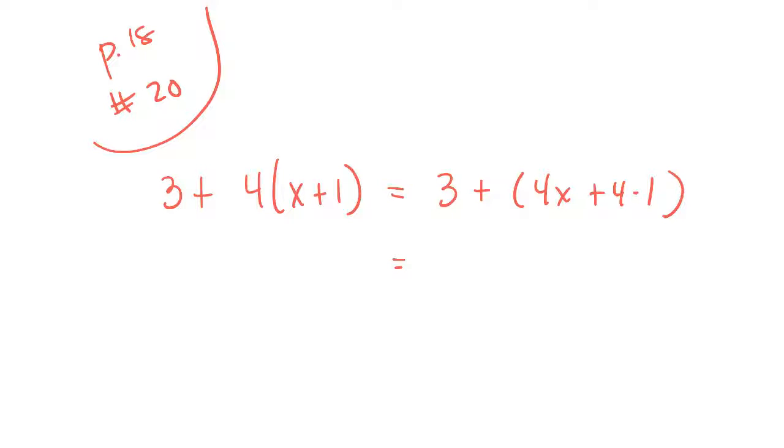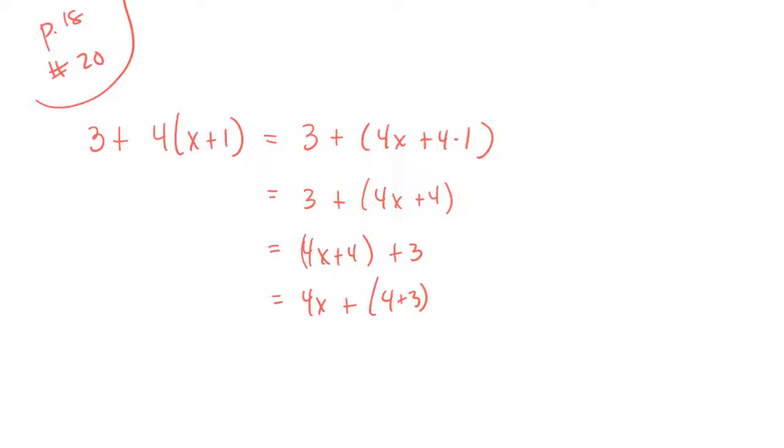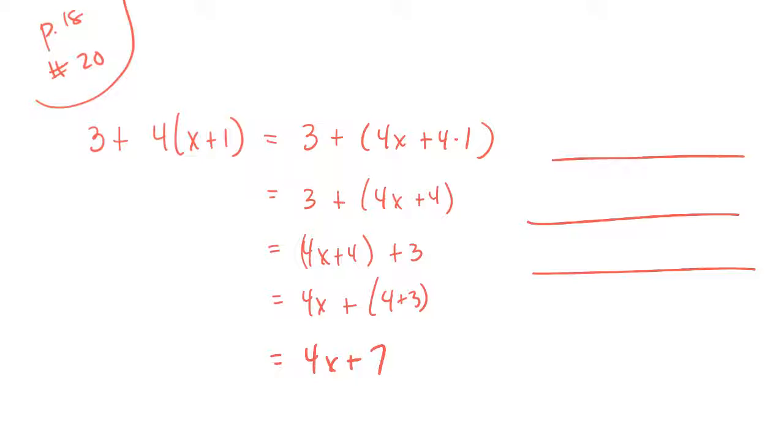And then after that, it just continues down each step. So let me show you what I mean by this one. 4x plus 4. Next one becomes 4x plus 4 plus 3. The next one becomes 4x plus 4 plus 3. And then the final line is 4x plus 7. And it says to give a reason for each of these.